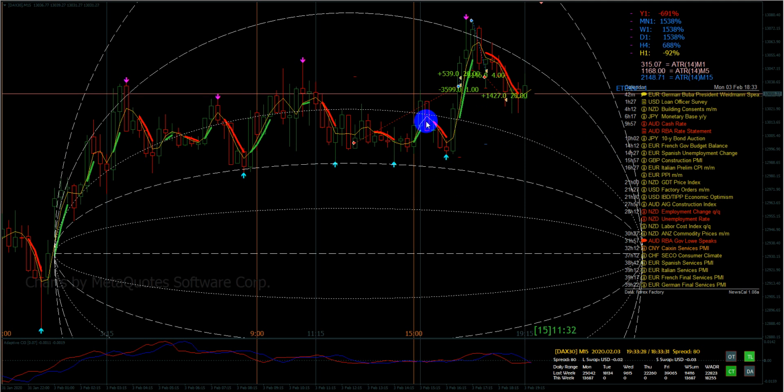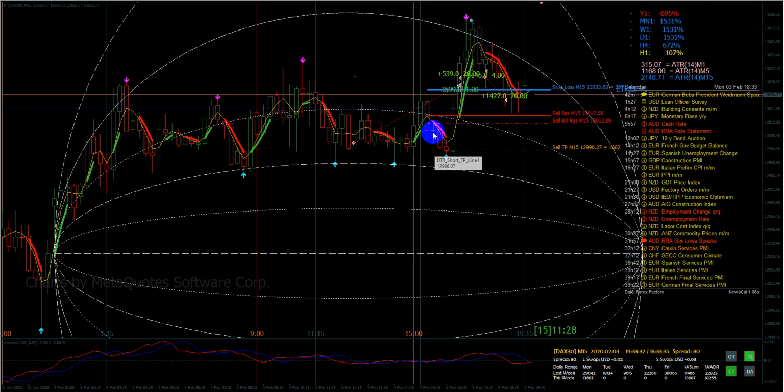Also, this short would have been a reasonable one because it simply showed that at this level there was some resistance, and it would be feasible to take this short again.